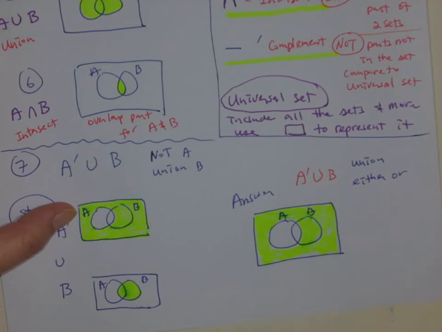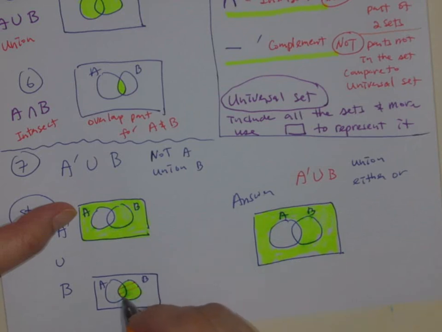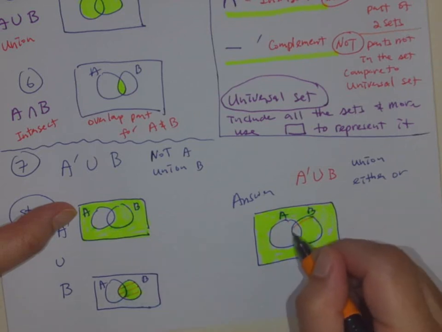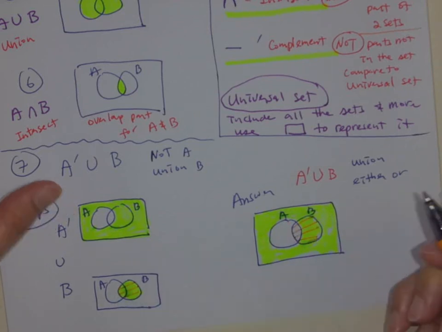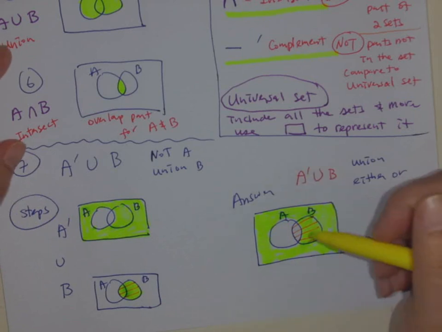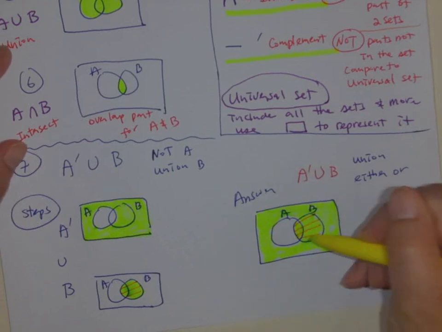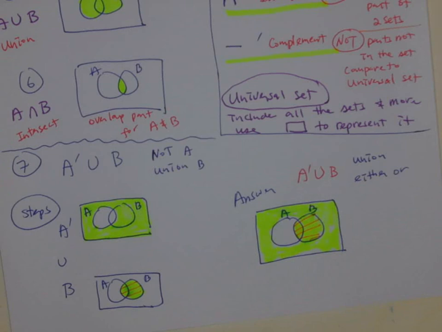The second part was the whole B circle, right? So I need to add in that part. That would also be part of my answer, right? So I'm also going to shade this part now. Totally, that would be my answer. Are we okay? So that is a little bit more difficult.